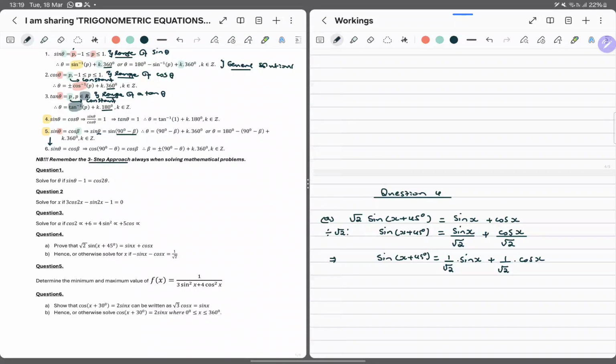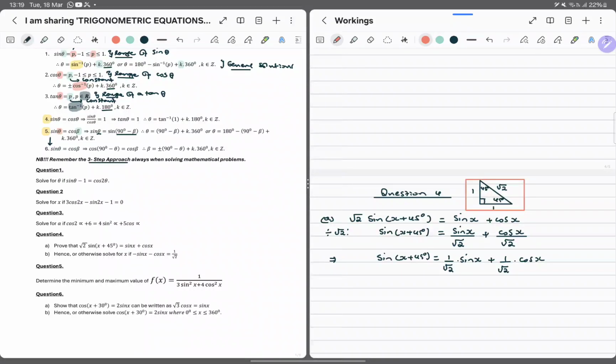So this is what we have, and we're like, hold on, this 1 over root 2 smells like our special angles when our situation is like this, where we have 45 degrees and 90 there. So this is 1, 1, square root 2. So that's the special triangle that smells like what we see here.